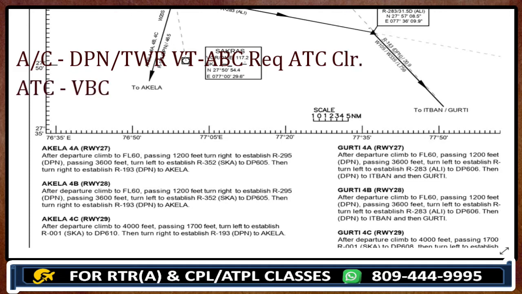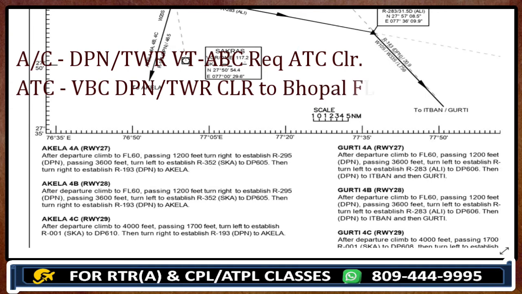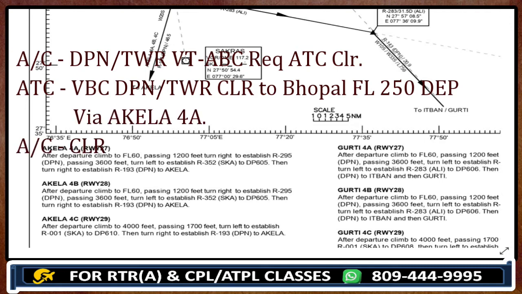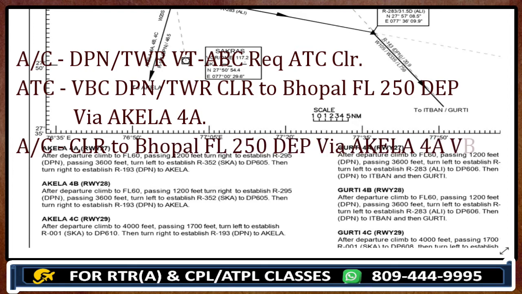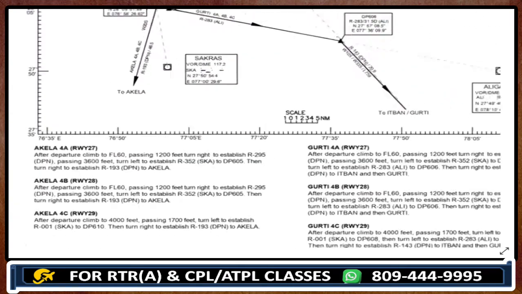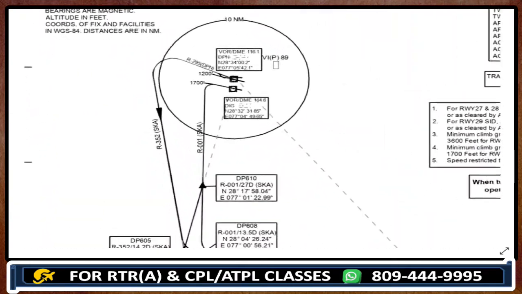ATC told you, Victor Bravo Charlie, Delhi Tower, cleared to Bhopal, flight level 250, departure via Aquila 4 Alpha. So you are going to read that back: Cleared to Bhopal, flight level 250, departure via Aquila 4 Alpha, Victor Bravo Charlie. After this, you are going to follow the procedure of Aquila 4 Alpha, guys.